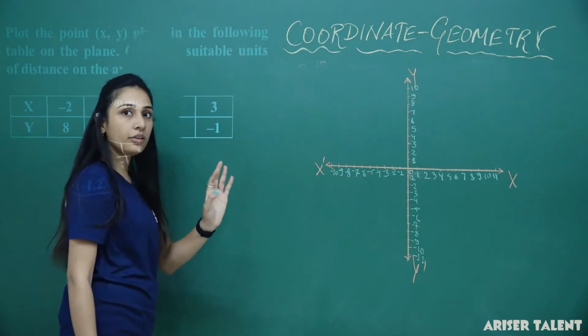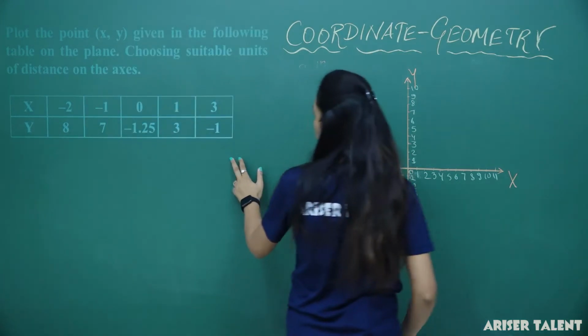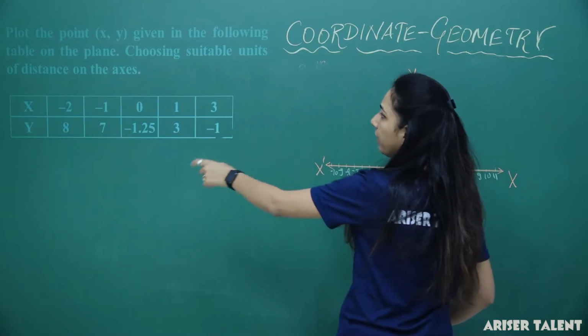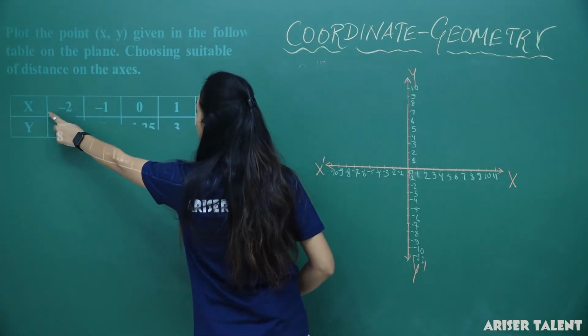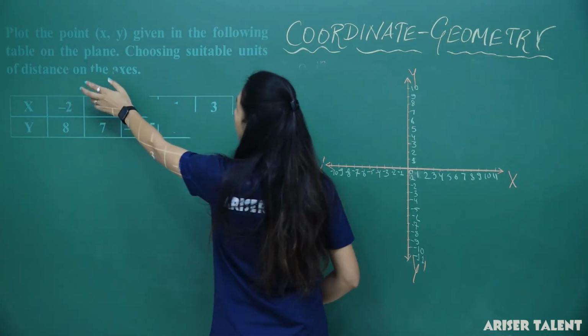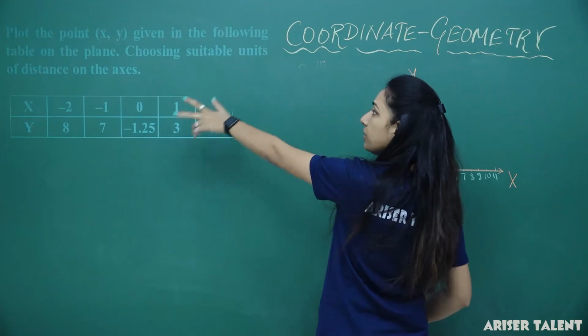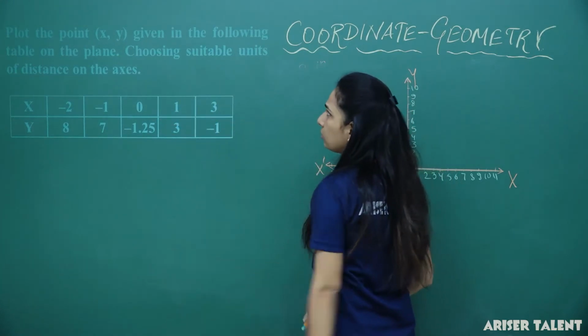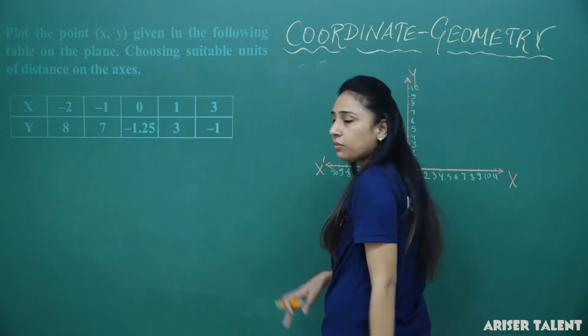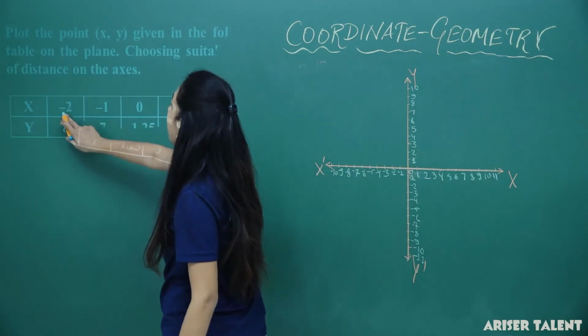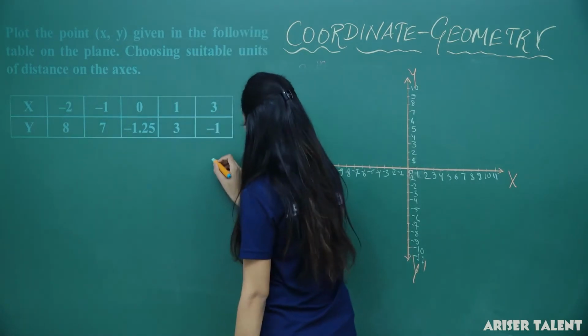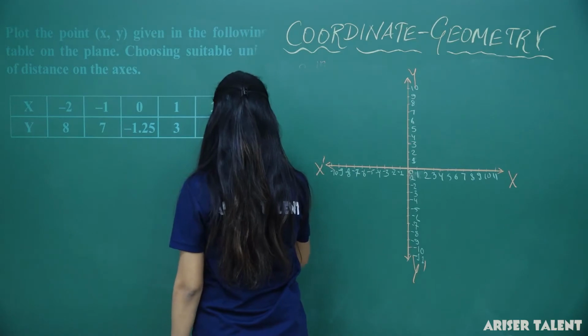Now you are having your points. The question says, plot the points x, y given in the following table on the plane, choosing suitable units of distance on the axis. So we are taking 1 centimeter equals 1 unit. Now the first point is -2, 8.